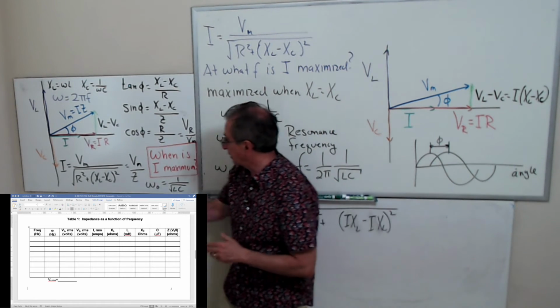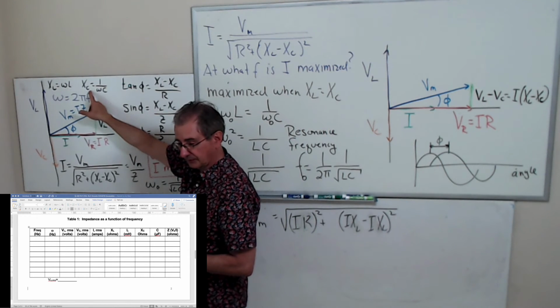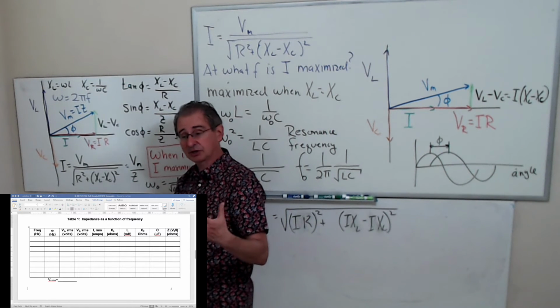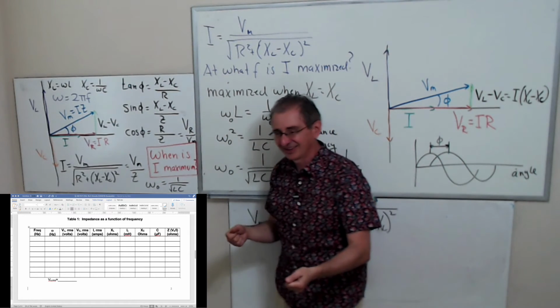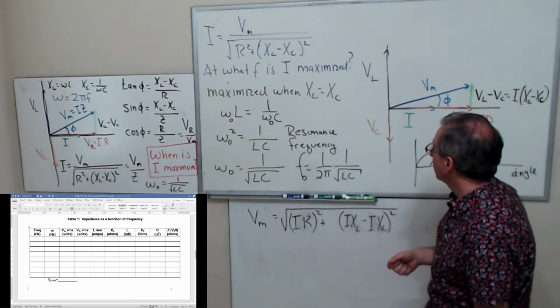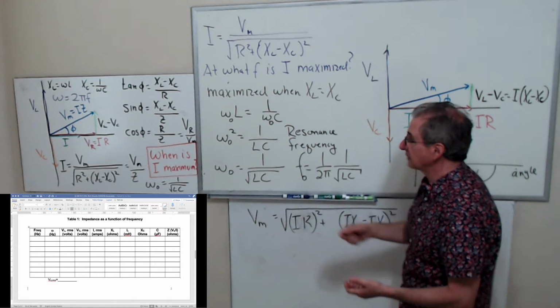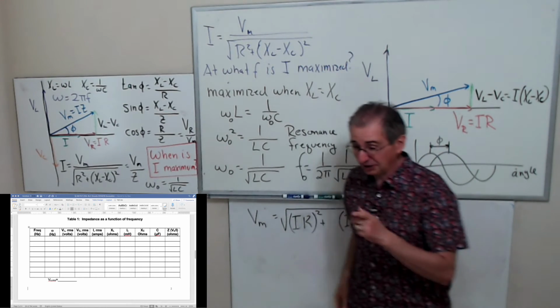If I'm doing the capacitor, then I'm going to take this, multiply by X sub C. That'll give me the equation for the voltage across the capacitor. And then take the derivative of the expression with respect to omega and set it equal to 0. Solve for omega. And since I know omega is 2 pi times the frequency, I can solve for f.